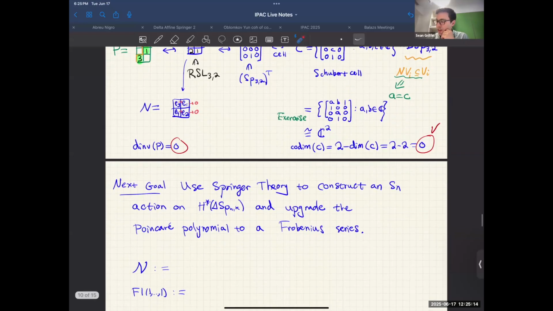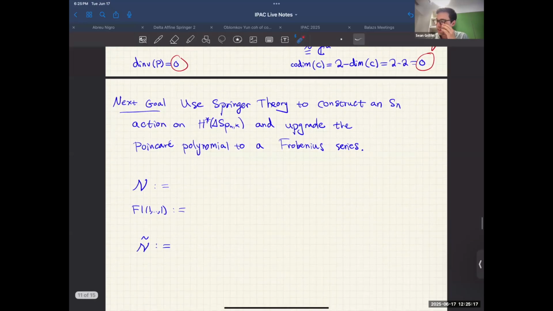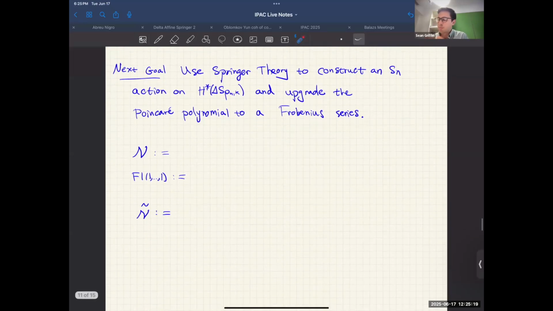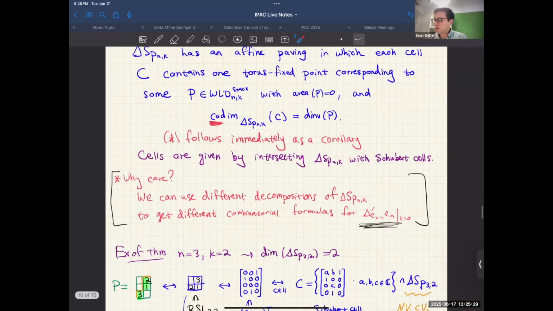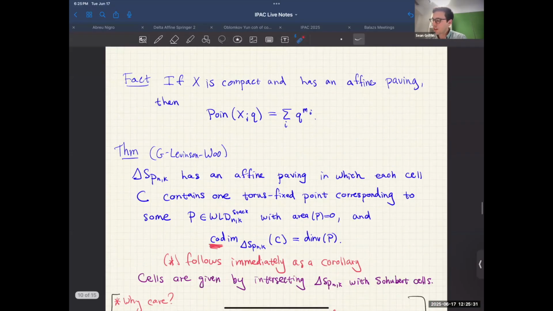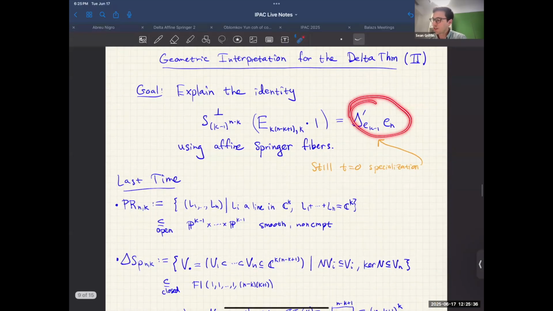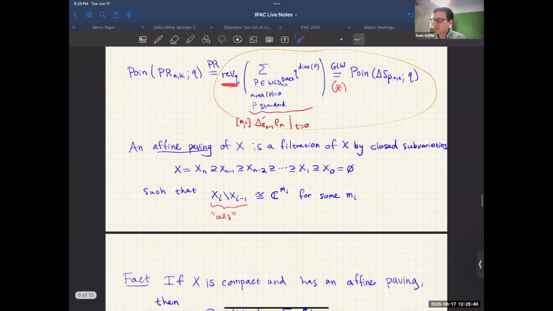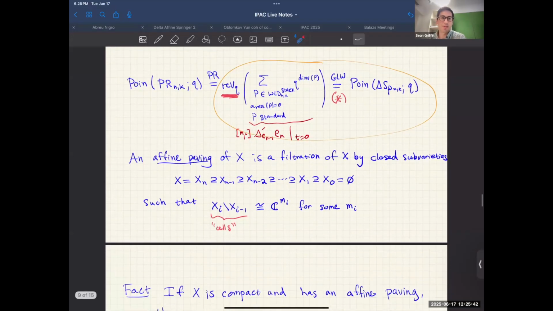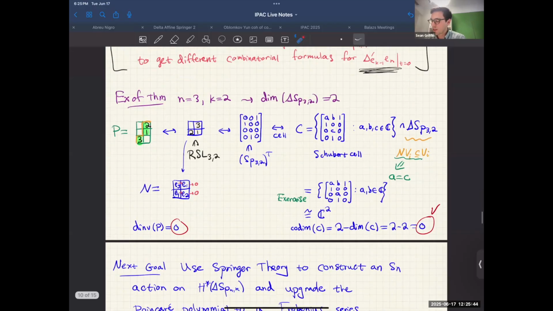Okay. So the next goal is to basically upgrade this from Poincare polynomials to S_n actions and Frobenius series. So how do we see this symmetric function as a symmetric function, not just taking a particular coefficient, but all of the coefficients simultaneously?